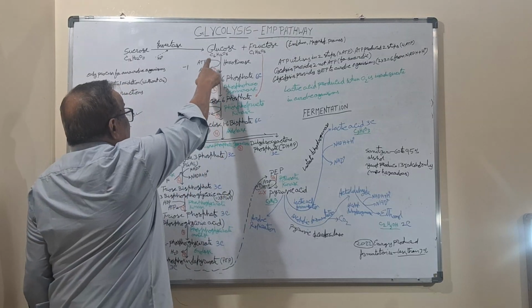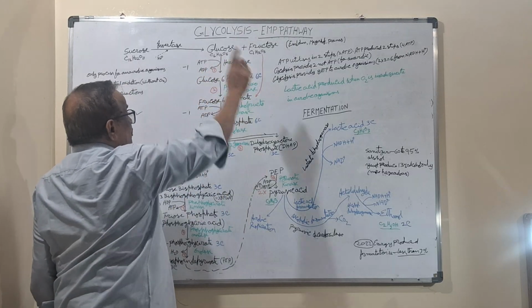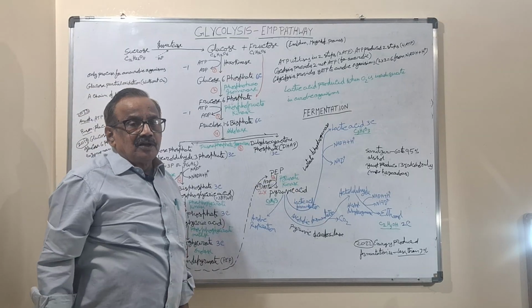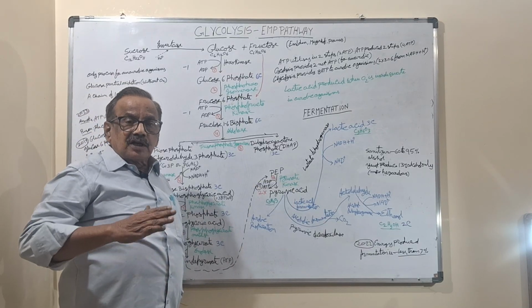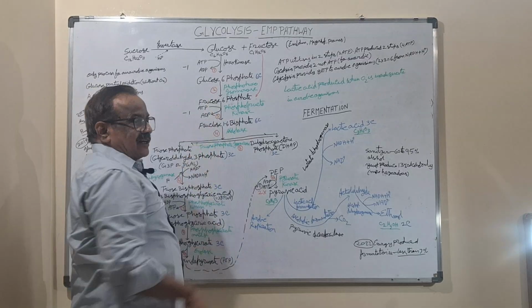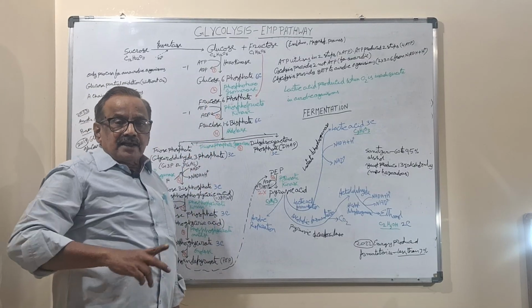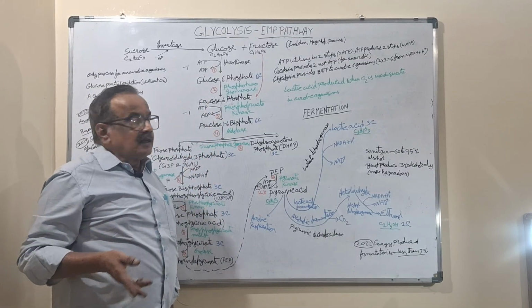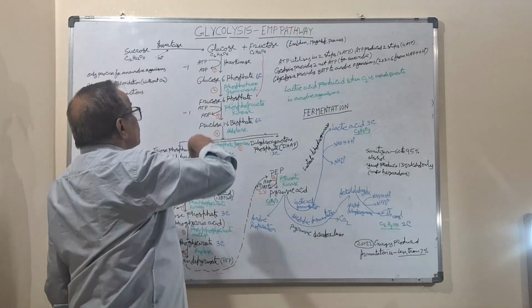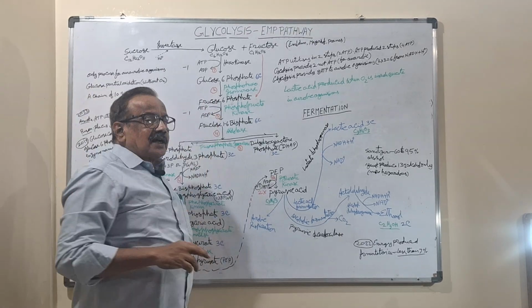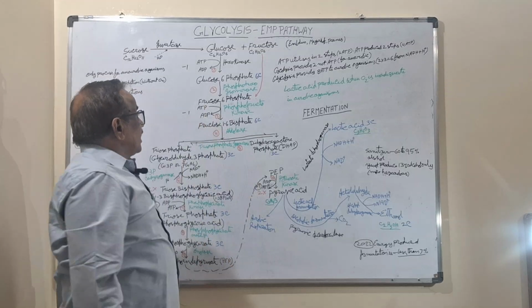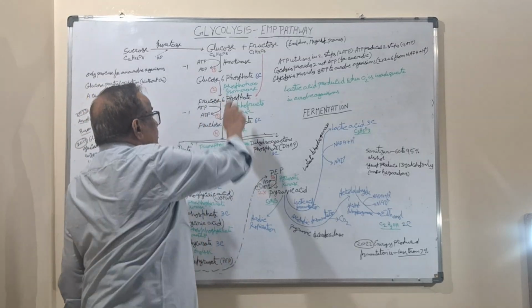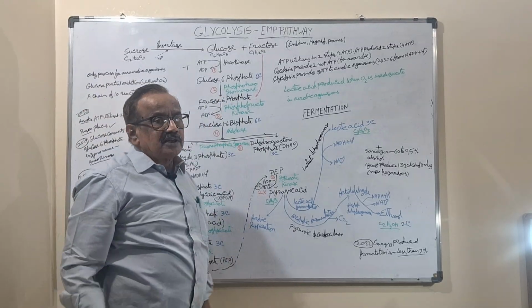This is done by the hexokinase enzyme, which converts glucose into glucose 6-phosphate, and here one ATP will be taken. Next, glucose 6-phosphate will be converted into fructose 6-phosphate in the presence of phosphohexose isomerase, meaning it is an isomerase.